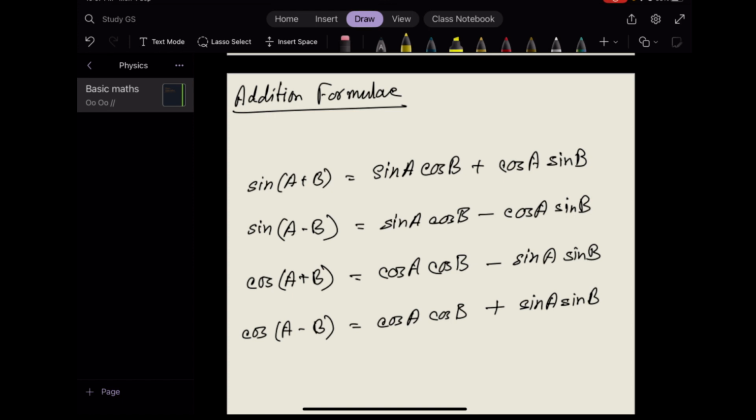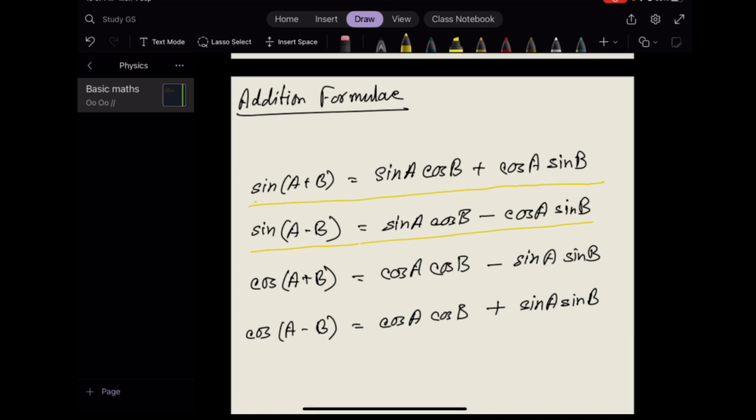Sin a plus b is equal to sin a cos b plus cos a sin b. Sin a minus b is equal to sin a cos b minus cos a sin b. Very simple. If you remember this one, you can easily remember this one as well.